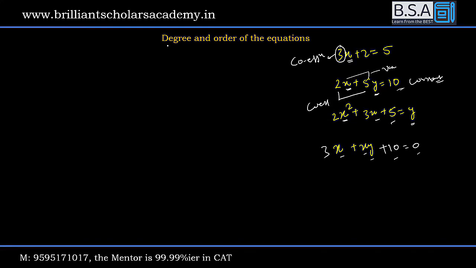Now, what is degree and what is order of an equation? Here, there is one variable. There are two variables. There can be more terms. Order means number of variables. This is very elementary, basic theory.